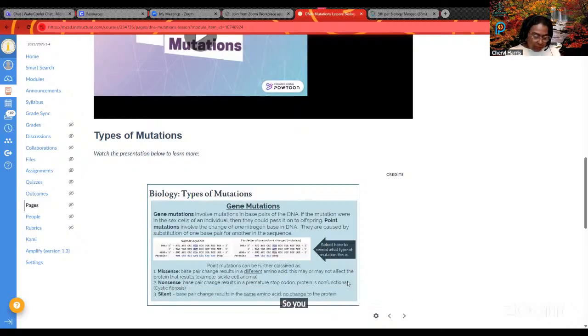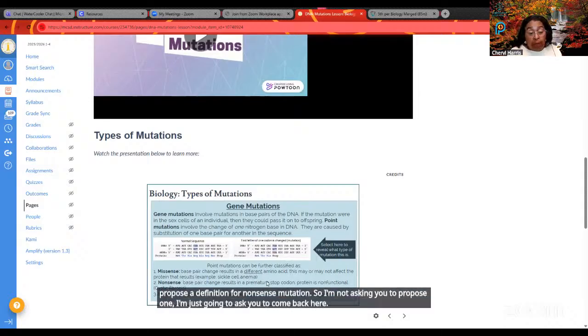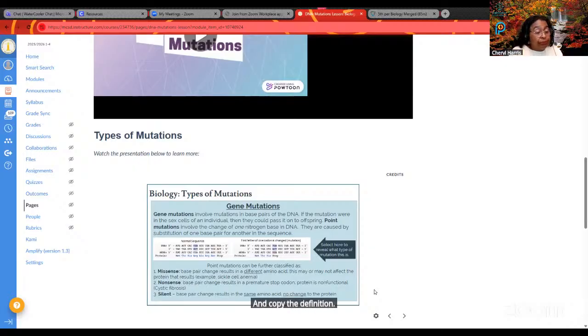So you can write that in that space. What do we write in the space of the stop? You're going to put stop in the box. Where you're putting this answer, the question asks you, propose a definition for nonsense mutation. So I'm not asking you to propose one. I'm just going to ask you to come back here and copy the definition. Although Ethan nicely put it that it won't work if there's a stop in the middle.